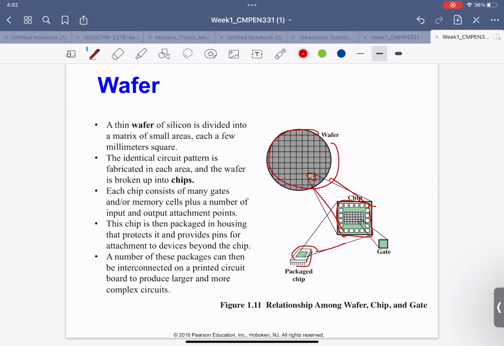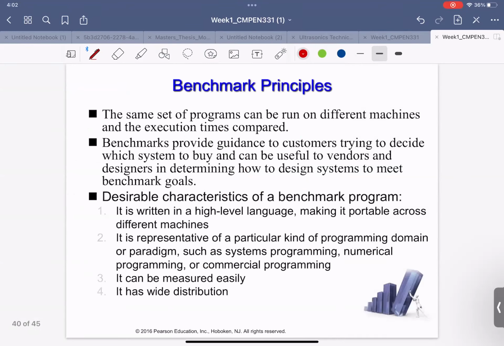I'm not sure if you knew this or not, but in the old days, maybe around the 60s or so, we didn't have computers with this size. They were very, very large, because we didn't have the technology at that time to build this kind of wafer, with millions of transistors in a very small chip like what we have right now. But all of these things, I'm not expecting that you will remember, just for your information.